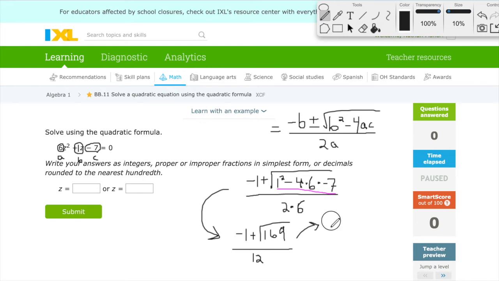So it would now look like negative 1 plus 13 divided by 12. Negative 1 plus 13, well, that would just be 12. So I would get 12 over 12, and then anything divided by itself would equal 1. So that would tell me I found one of my numbers.